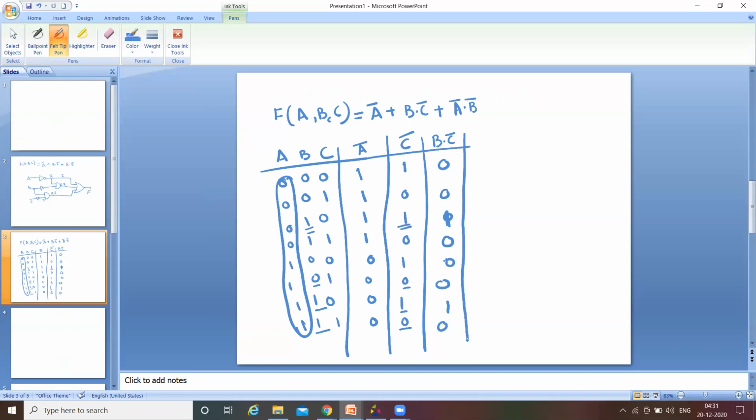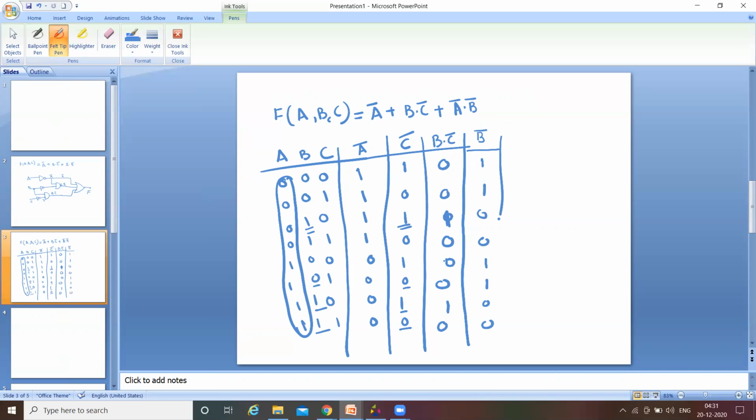Next I got A complement, and I require B complement to solve A bar and B bar. So I write B complement: 0 0 will become 1 1, next 1 1 will become 0 0, next 0 0 will become 1 1, next 1 1 will become 0 0.